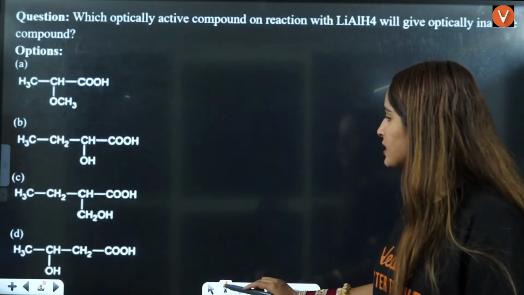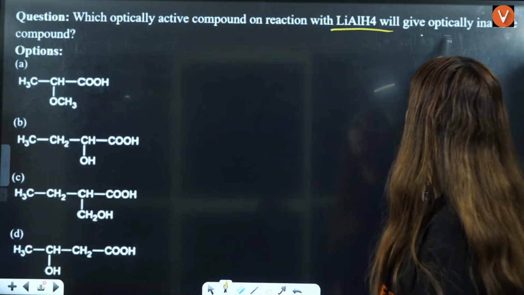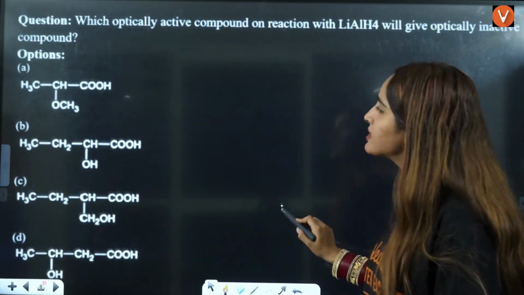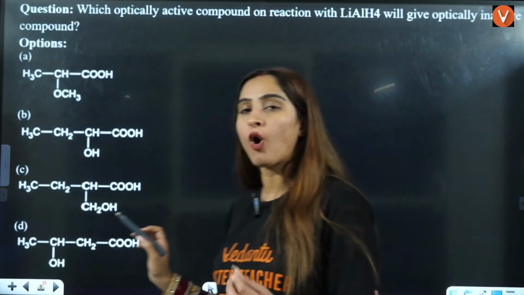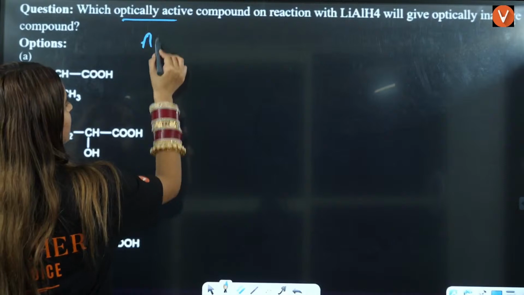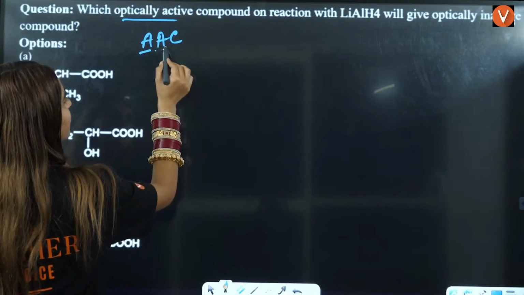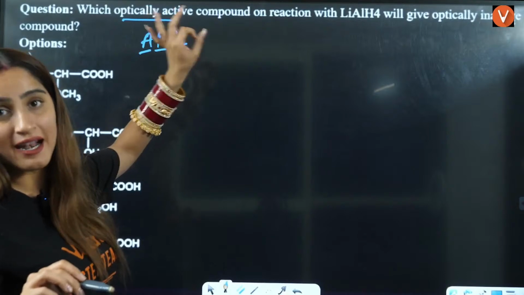Next: which of the following is optically active and on reaction with LiAlH4 gives an optically inactive product? See, beta, very simple thing. What you have to remember is what is optically active. For that, just remember AAC: asymmetric, active, asymmetric, and chiral.